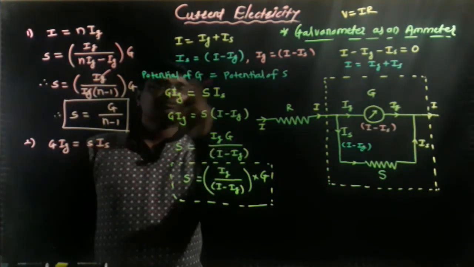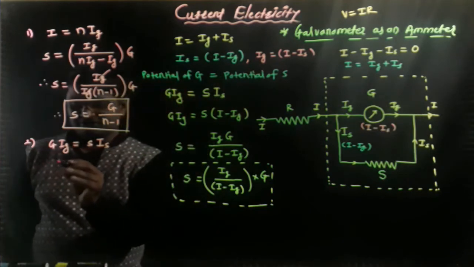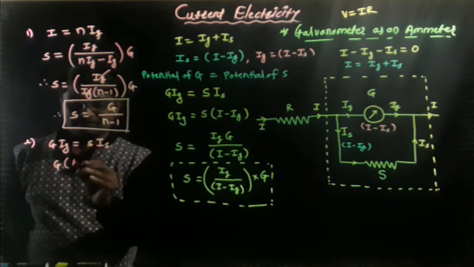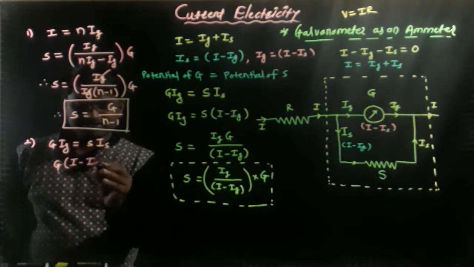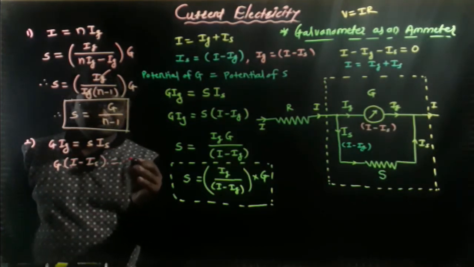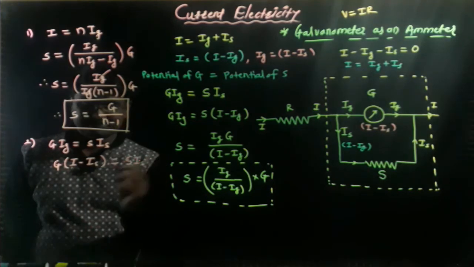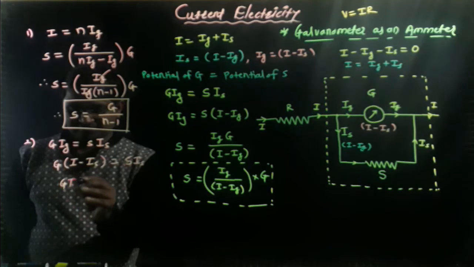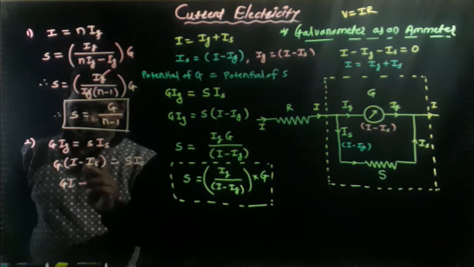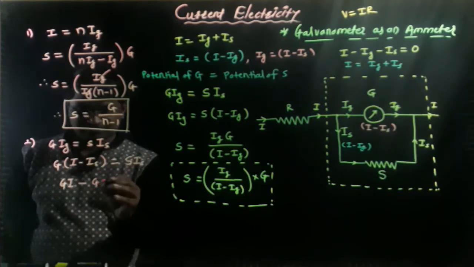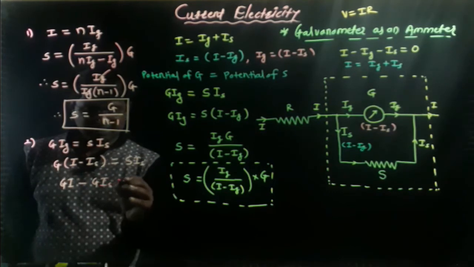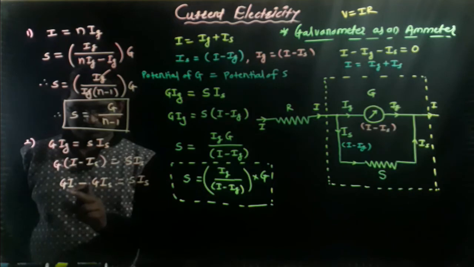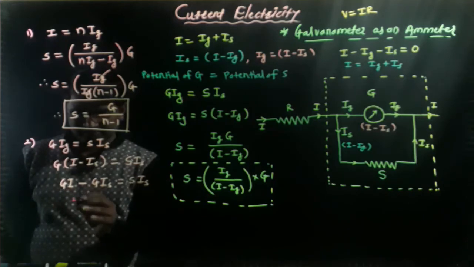Now we determine the value of Is, but here we can put the value of Ig. G into Ig, and Ig is I minus Is, is equal to S into Is. So multiplying, we get GI minus G Is, and this is equal to S Is.